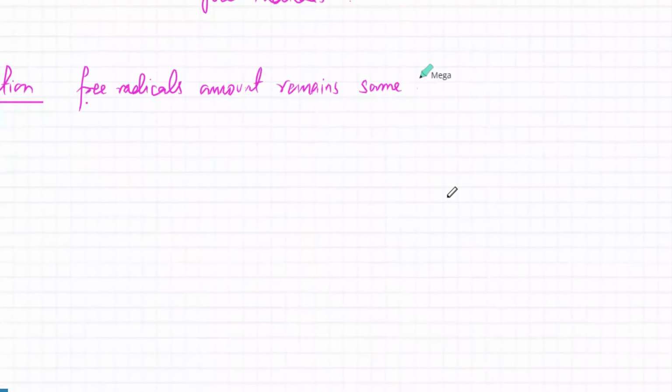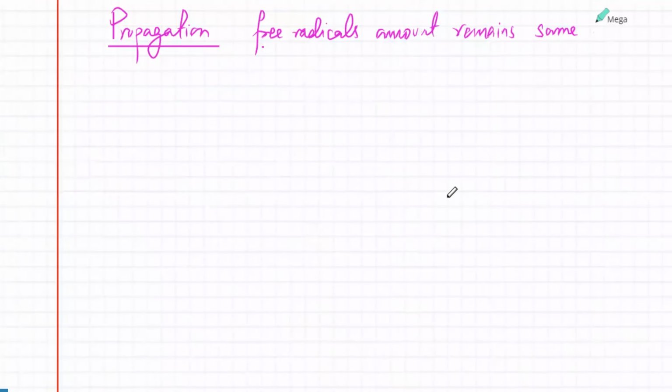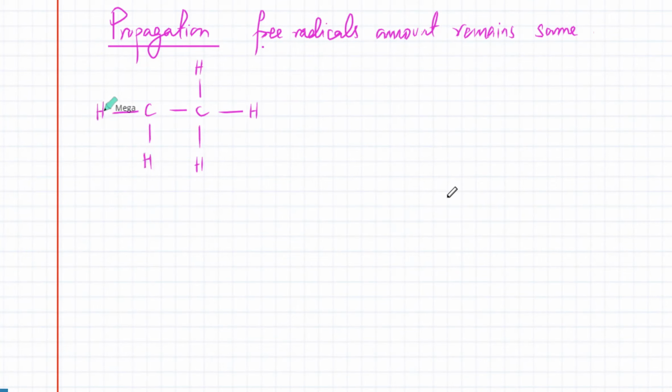Now, this is what's going to happen in propagation, that you will have an alkane. Let's say I have an ethane molecule. So here is an ethane molecule.